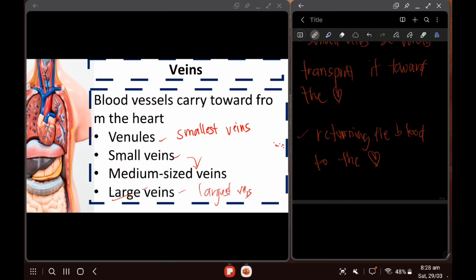Tapos, ang example po nito is meron tayong SVC, the superior vena cava, and IVC, which is inferior vena cava. Si superior vena cava is nagre-receive siya ng blood galing sa upper body and si inferior vena cava naman is nagre-receive siya ng blood from our lower body. So, the large vein have thicker walls than the medium size and they can accommodate a large volume of blood.